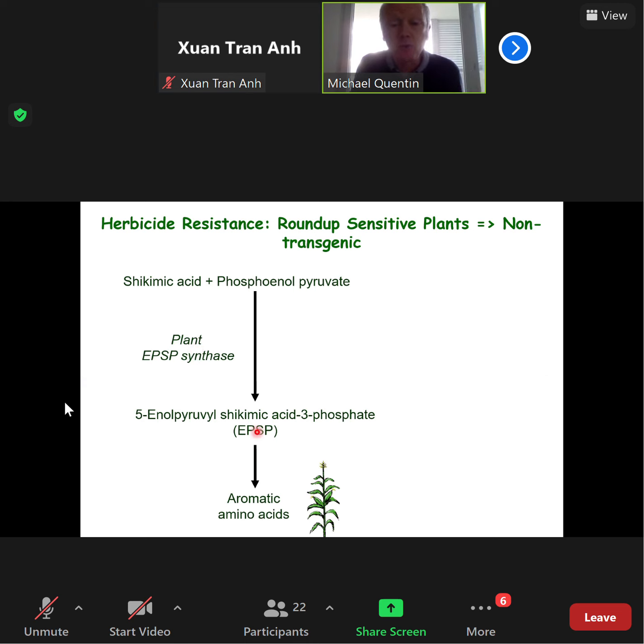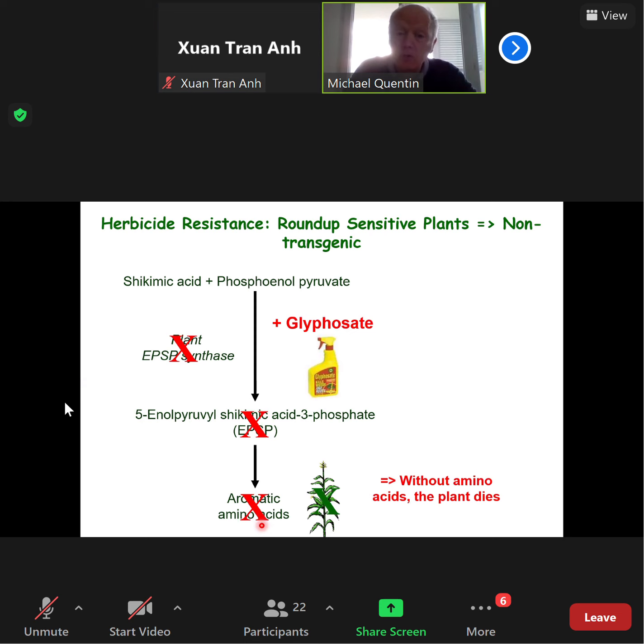It allows the production of EPSP, which is a precursor for amino acids. When you use glyphosate, you inactivate specifically this plant enzyme, so the plant is not able to produce the precursor of the amino acids, and it will produce no amino acids and it will die.